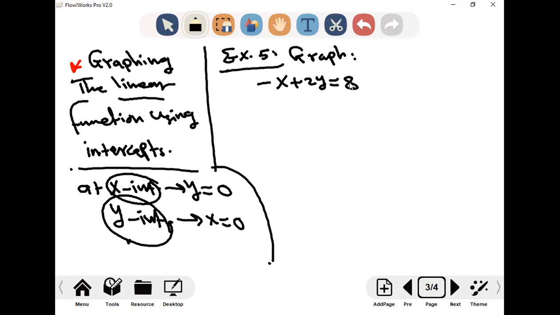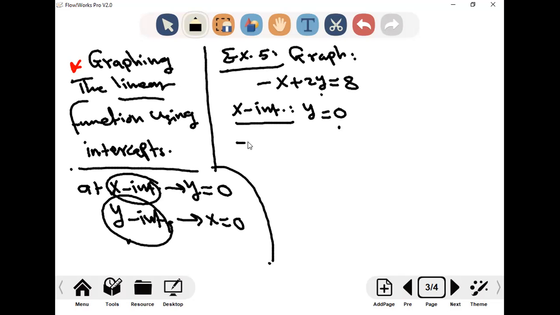Let's find first the x-intercept. To find x-intercept we put y equals 0. Where do we go? To the function, the equation, or the formula you have. Replace y by what?